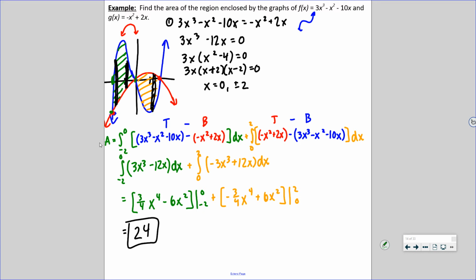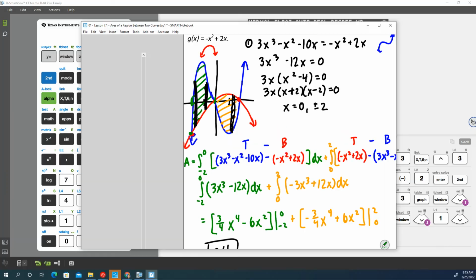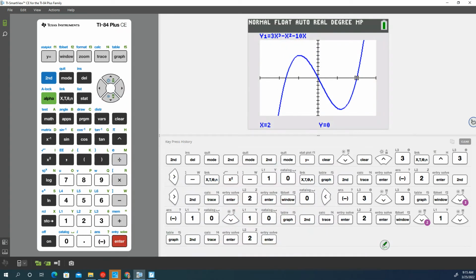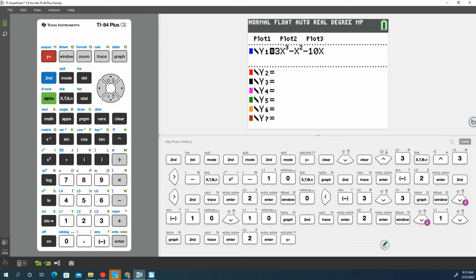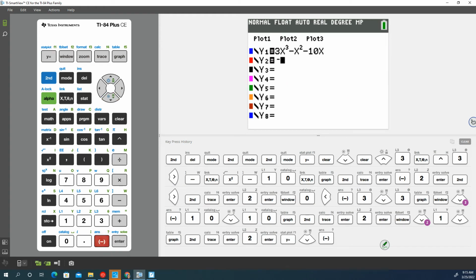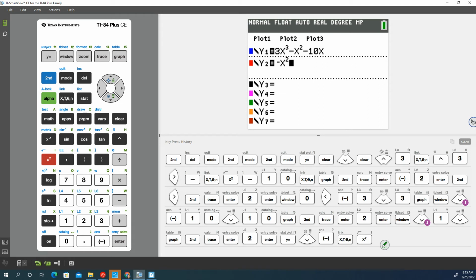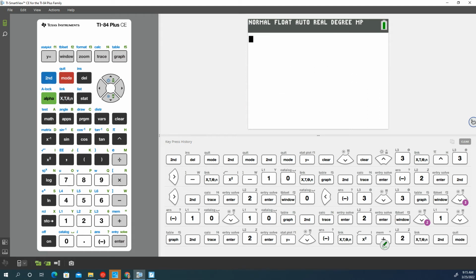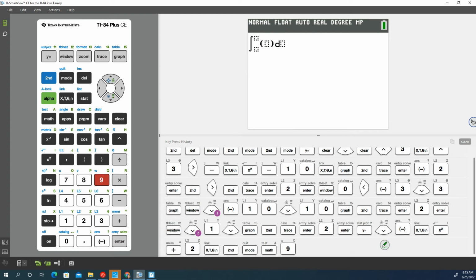As always, you can check in your calculator. I'll do that quick. Let me just plug in this one to Y2. Just as one last reminder of how to plug these in because it's important. Math 9. All right, so my first one was from -2 to 0.